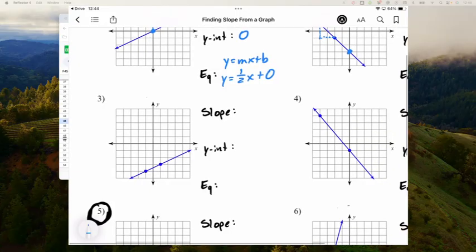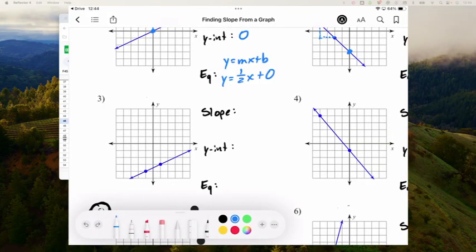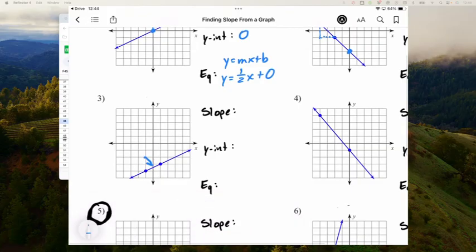So this one we're going to pretend that we can't identify the y-intercept exactly, but we're going to pretend that the y-intercept is at -3.5. Then for the slope, from a point on the left, I go up 1 to the right 2.